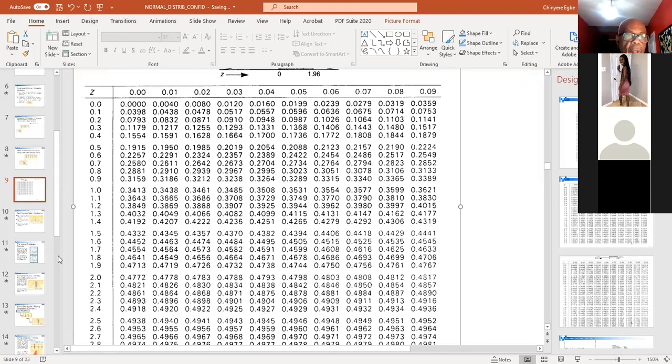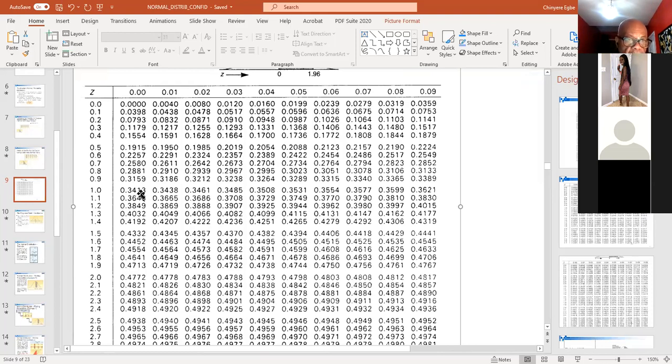All right. So if you ask yourself, what is the probability that z has a value between 0 and 1? Okay. See 0 here, and you see 1 there. So the probability is 0.3413.